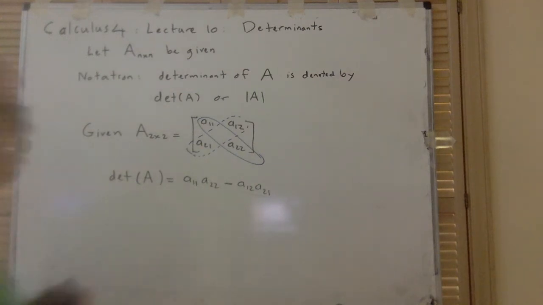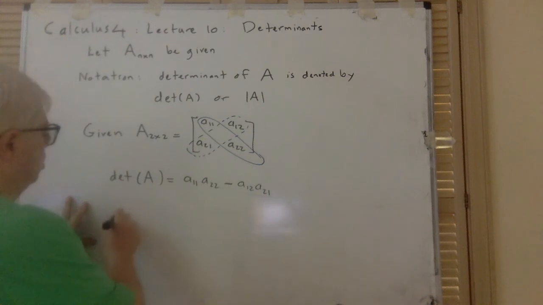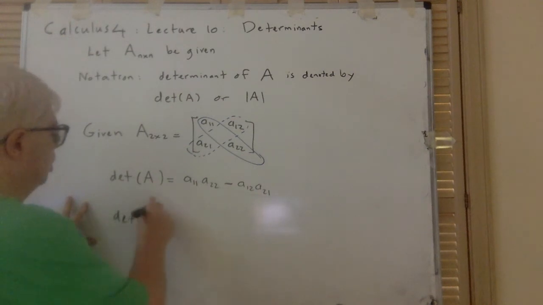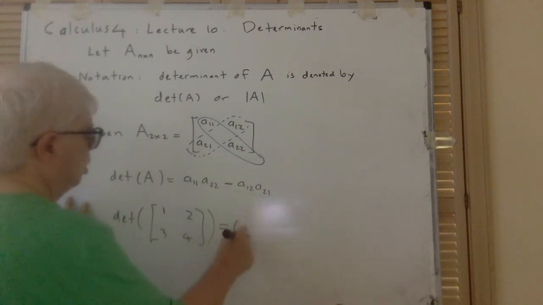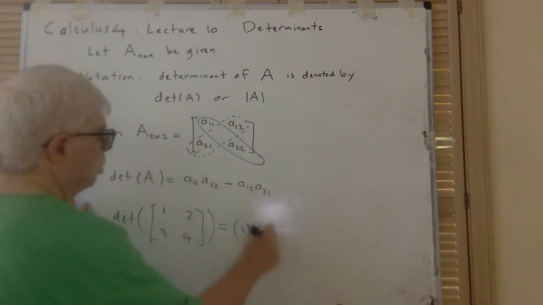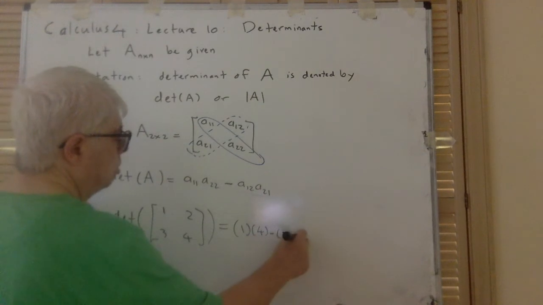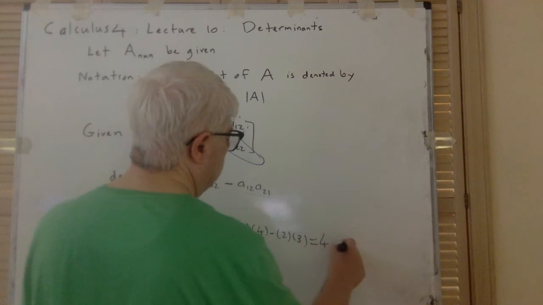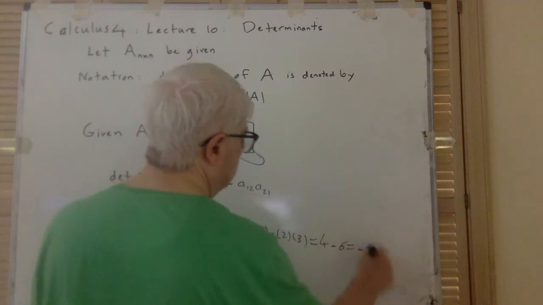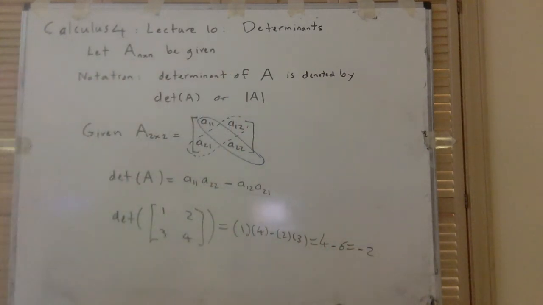For example, the determinant of the matrix with rows 1, 2 and 3, 4 is 1 times 4 minus 2 times 3, which is 4 minus 6, which is minus 2. Well, it's good that it is negative. This is not absolute value, this is just notation.